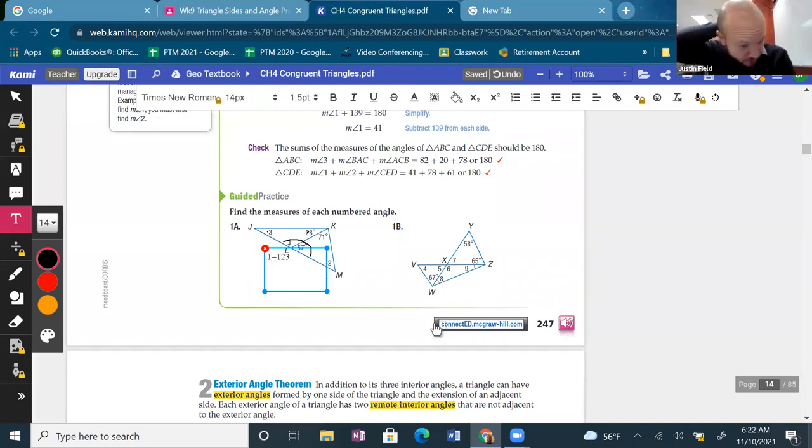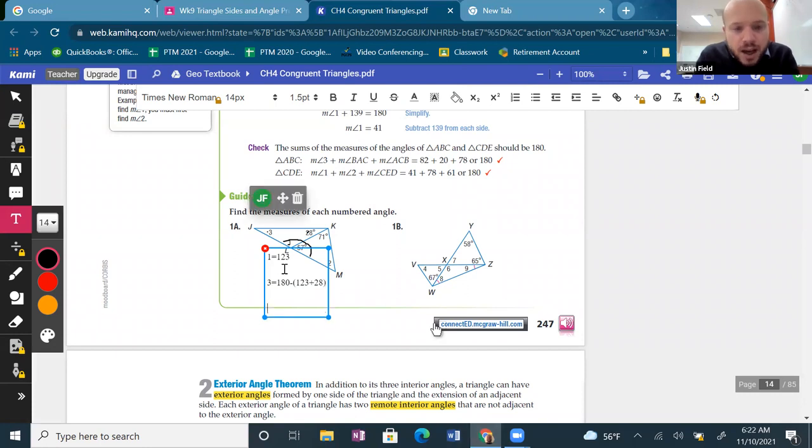Then to find angle 3 is 180 minus 123 plus 28. And then angle 2 is just going to be angle 1.